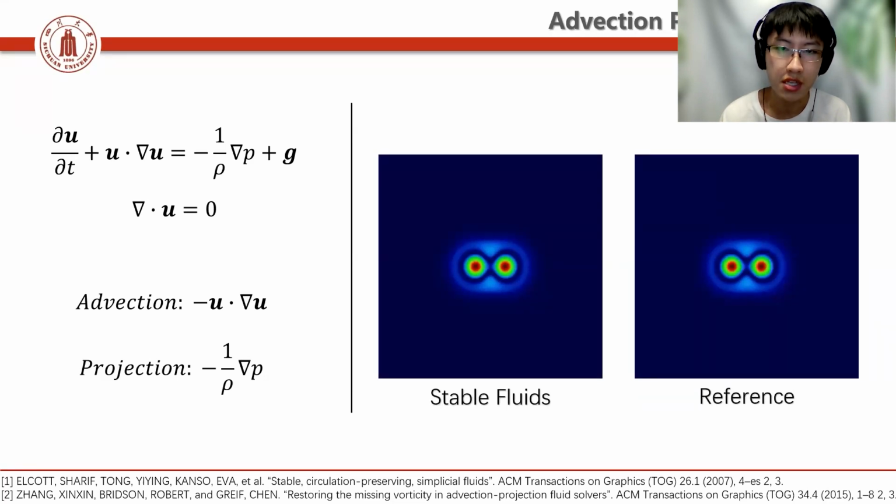However, this scheme will cause great fluid energy loss, which is manifested in the rapid loss of rotational motion, or vorticity dissipation. We can take an example to observe this phenomenon. This scene is called Taylor vortex. Two vortices are placed close to each other, and beyond a certain distance, the two vortices will separate from each other over time, as shown in the reference on the right.